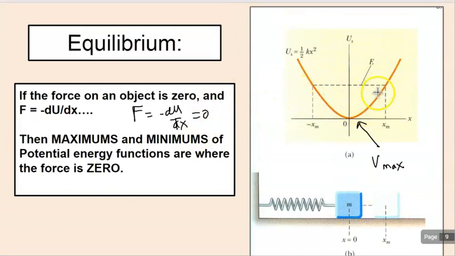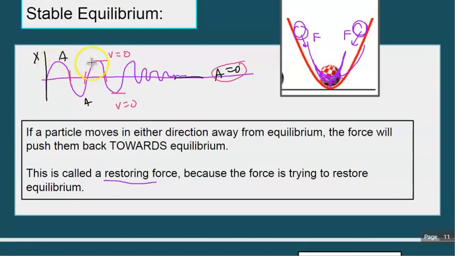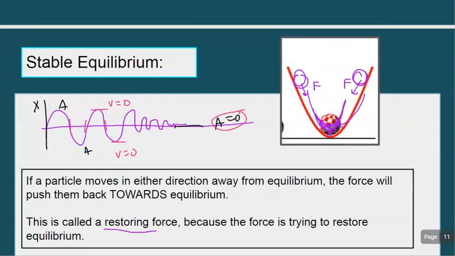If something is oscillating back and forth, that's where your kinetic energy is a maximum. And it's 0 at the turnarounds. Okay, so it's easy to get confused about that stuff, but know when the speed is 0, know when the speed is a maximum. Okay, that's stable equilibrium.